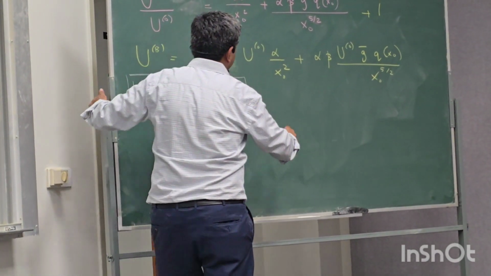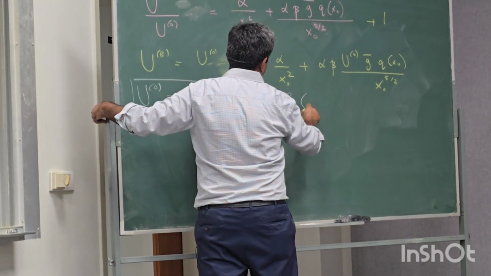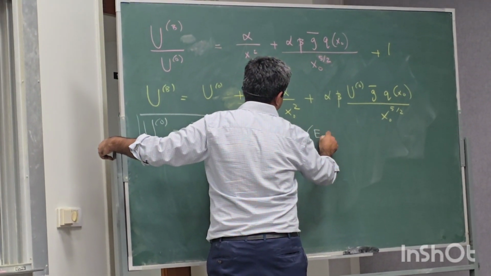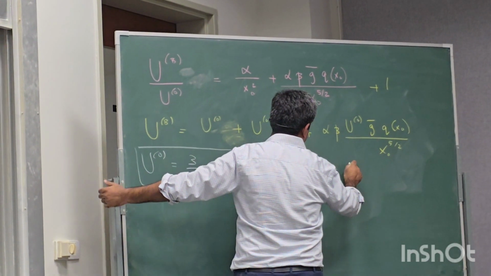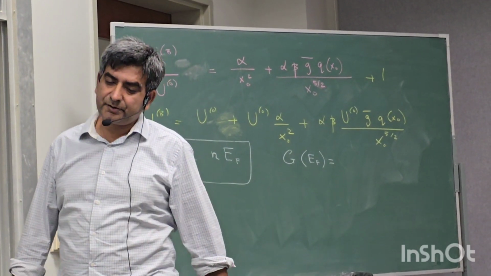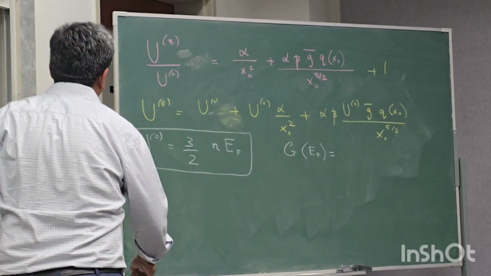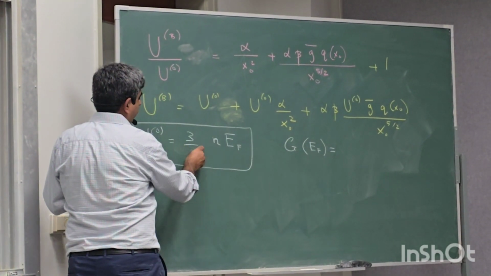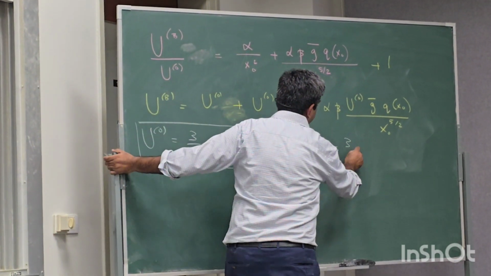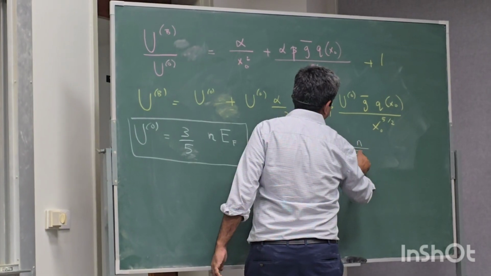We also know that g of EF is 3 over 2 n over EF.